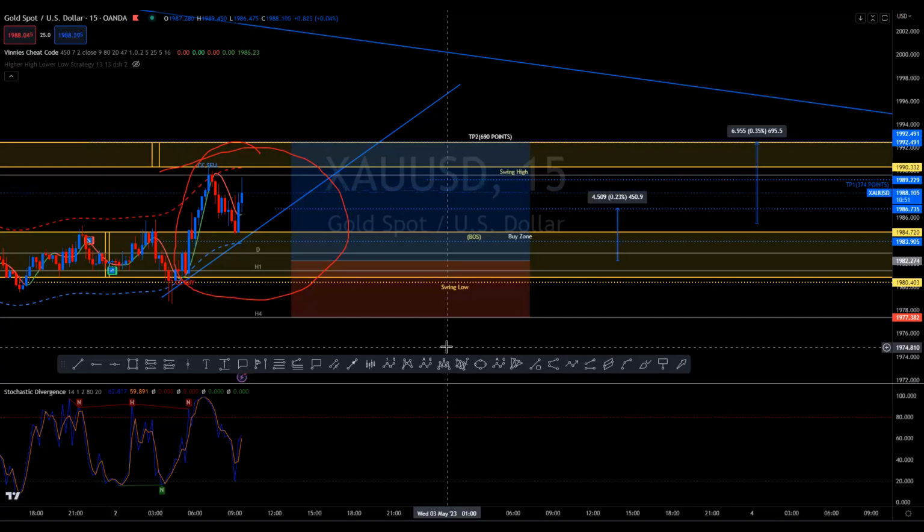Retracing back a little bit. So we took my 40. That's my fault. We'll continue to watch price action and see what happens here.